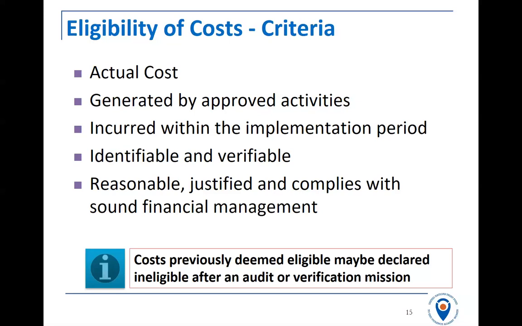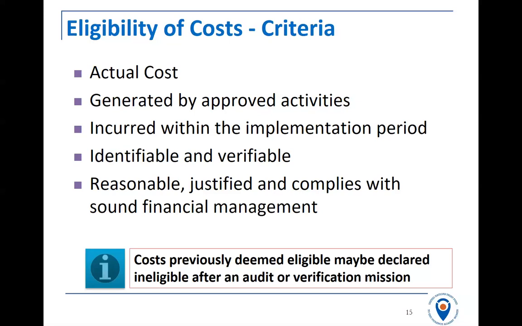But if you came up with something completely new, a completely new project activity, you would have to come to your portfolio manager for approval before incurring any expenses, because that may require a project modification. You can't go ahead and decide to do a completely new project activity without coming to us for approval, because you'd be in danger of that not being allowed in your financial report.